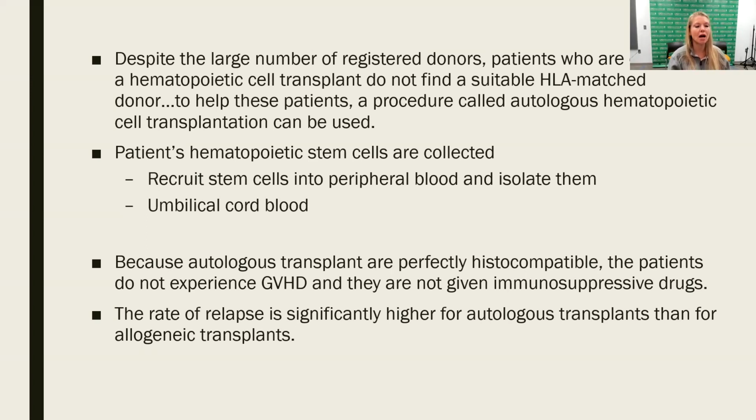Patients' stem cells can be collected at different points in time. First, at birth, umbilical cord stem cells can be saved. They get frozen down and can be utilized if ever needed. Another way is that some stem cells get out of the bone marrow and into peripheral circulation, and that can be encouraged through different drugs that recruit more stem cells into peripheral circulation, and then they can be pulled out and isolated.